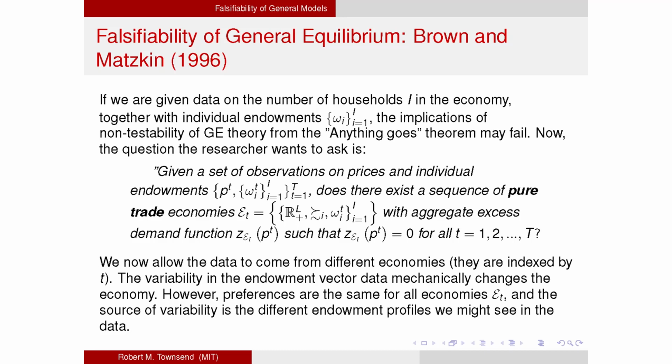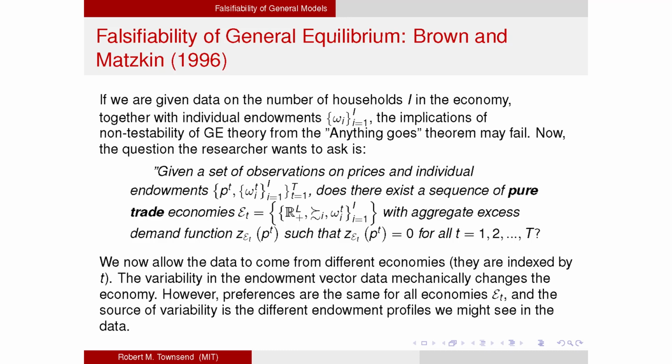Now, the object in question was our famous excess demand function that we have used before, the aggregate demand function that we've been focusing on with aggregation and so on. What shape does that aggregate demand function have as we vary prices? And the answer was, whatever wiggle and turn it has, including upsloping portions and so on, you can always find an underlying economy that would have generated that excess demand.